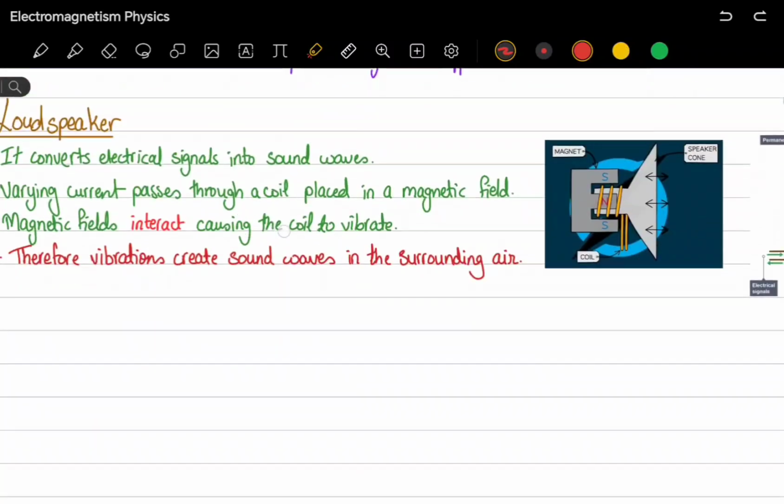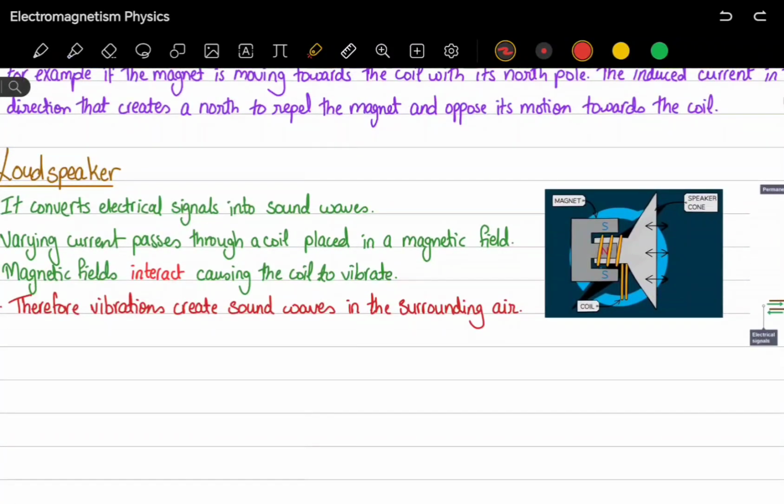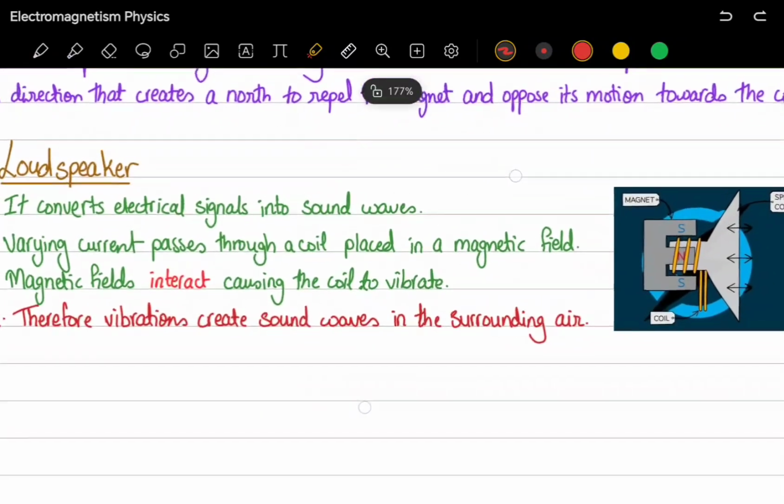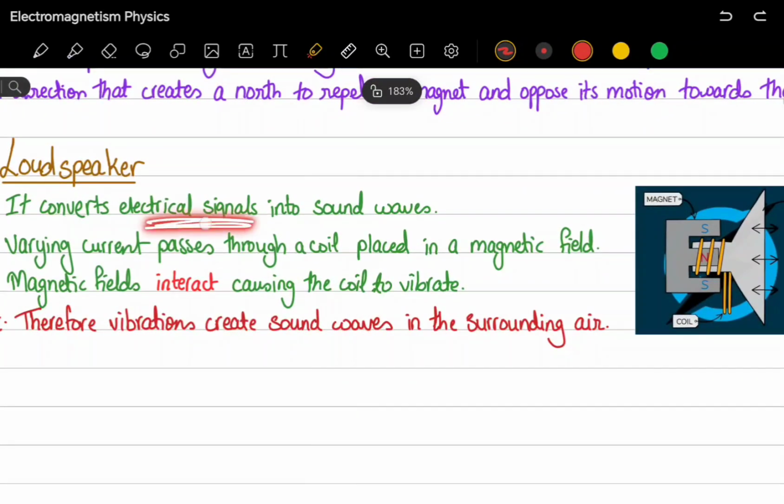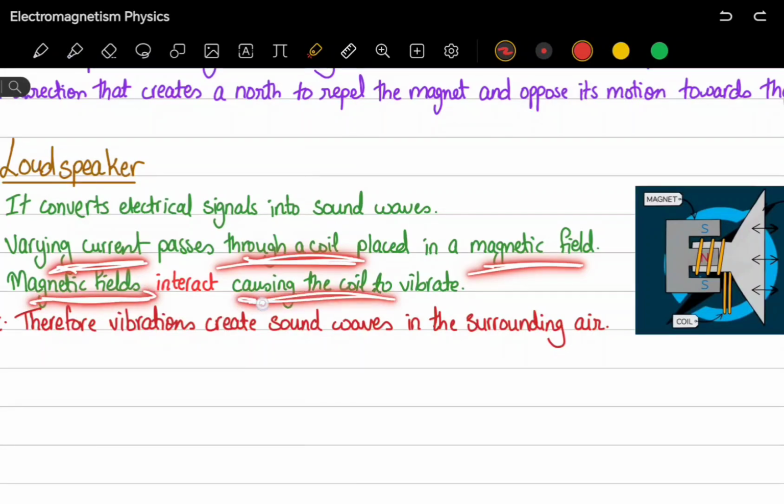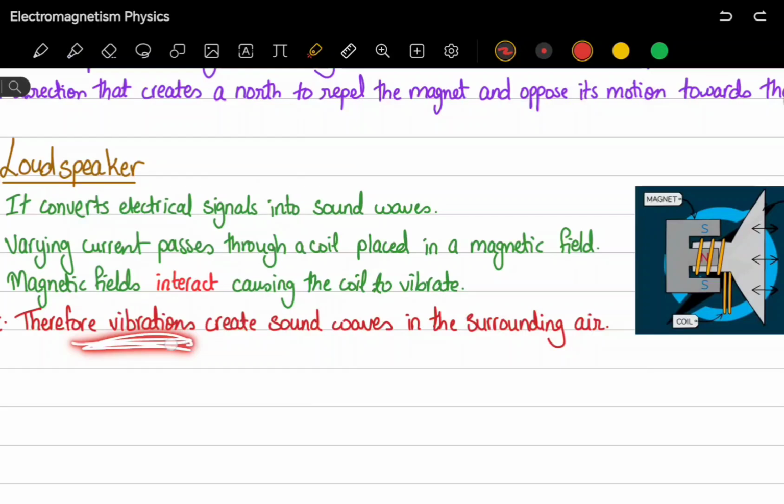Moving on to how the loudspeaker functions. The loudspeaker converts the electrical signals into sound waves. Varying current passes through a coil placed in a magnetic field, and this magnetic field will interact, causing the coil to vibrate. Therefore, the vibrations create sound waves in the surrounding air.